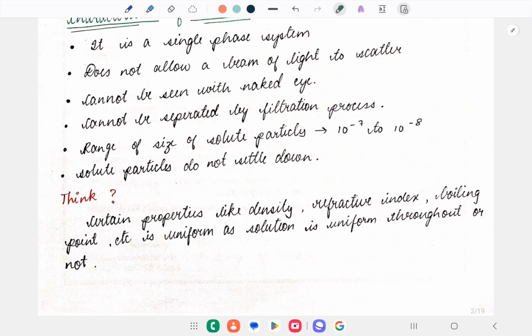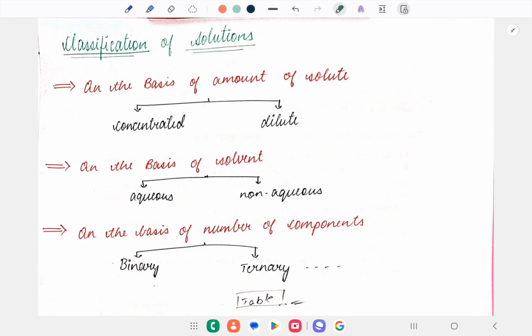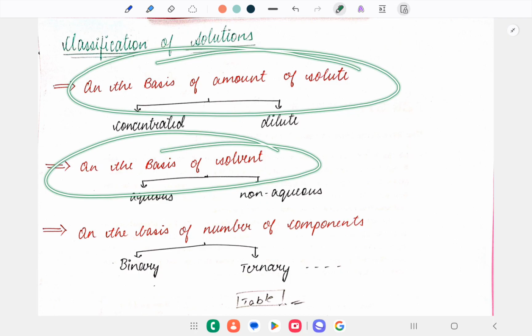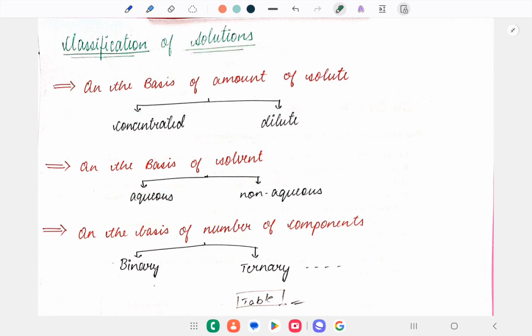Next, we are going to deal with the classification of solutions. Solutions can be classified on the basis of the amount of solute, on the basis of the solvent, and on the basis of the number of components. First, on the basis of solute: it can be concentrated, that means a solution in which a large amount of solute is present. If we say it is dilute, then the amount of solute is very less in comparison to the amount of solvent.